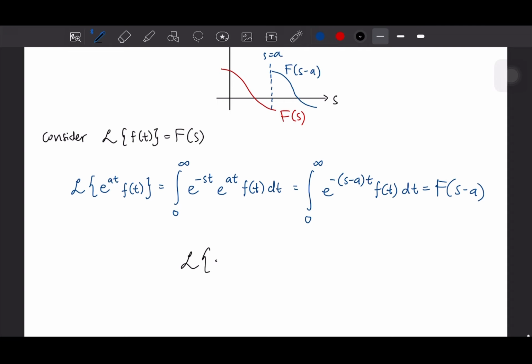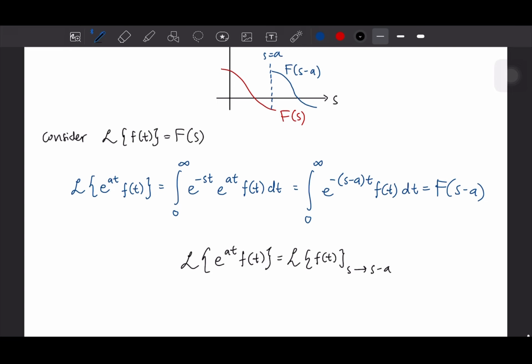So when we have the Laplace transform of e to the power of at times f of t, we can transform this as the Laplace transform of f of t, but with s changed to s minus a.